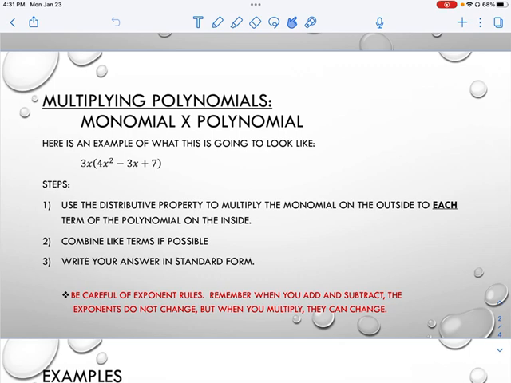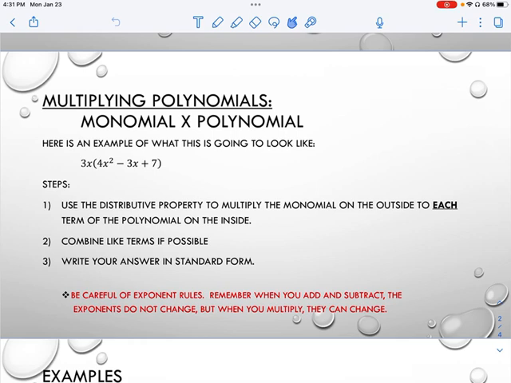When you add or subtract, exponents don't change. So if I take 4x squared and I add it to 3x squared, I have 7x squared. But if I take 4x squared and I multiply it by 3x squared, then I get 4 times 3, which is 12, x squared times x squared, which is x to the fourth.